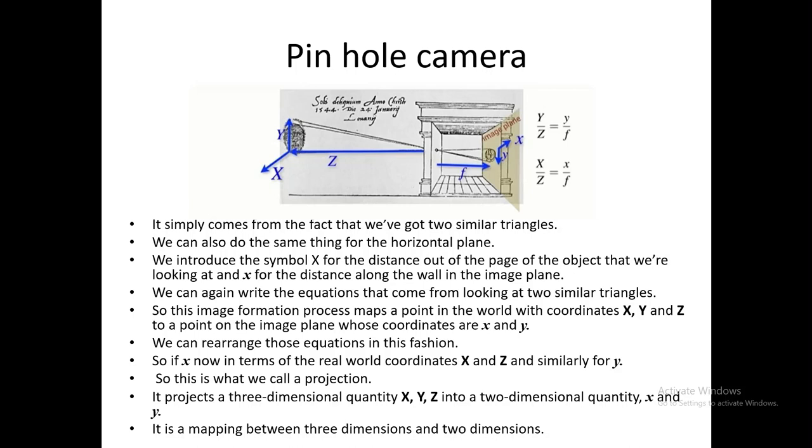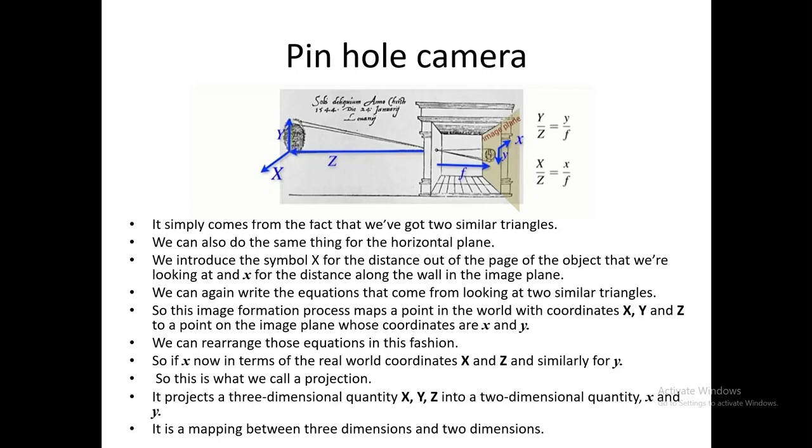We can again write the equation that comes from looking at two similar triangles. So this image formation process maps a point in the world with coordinates x, y, z to the point on the image plane whose coordinates are small x and small y. So we can arrange those equations in this fashion.